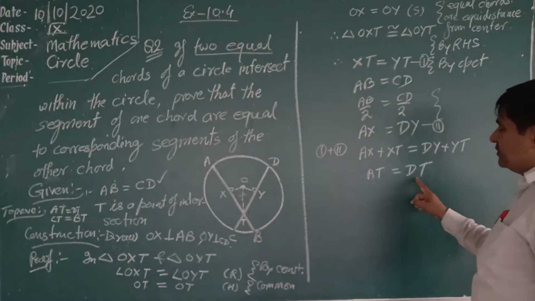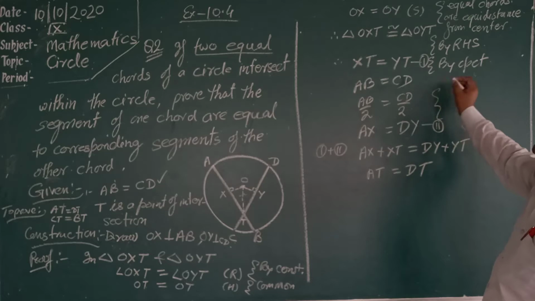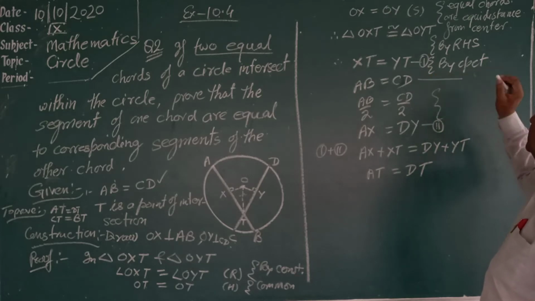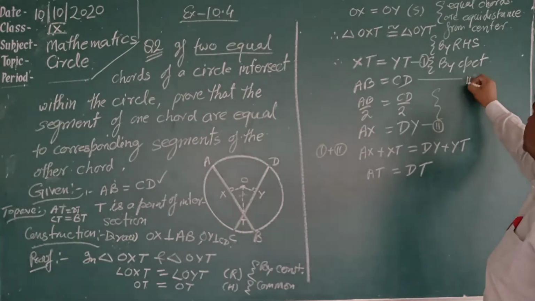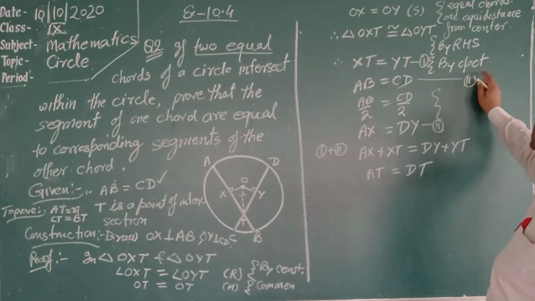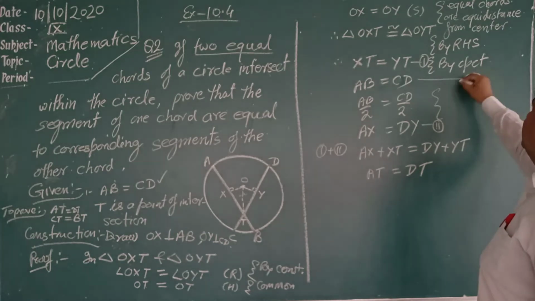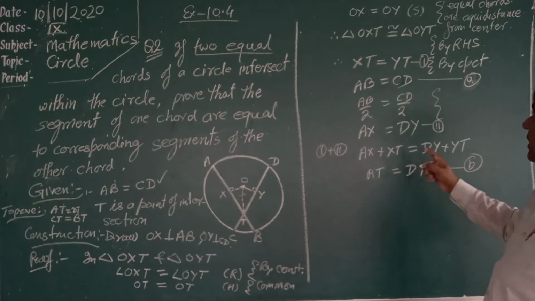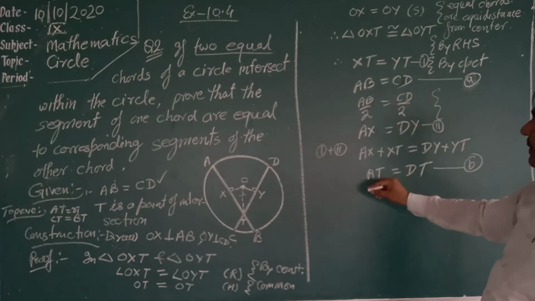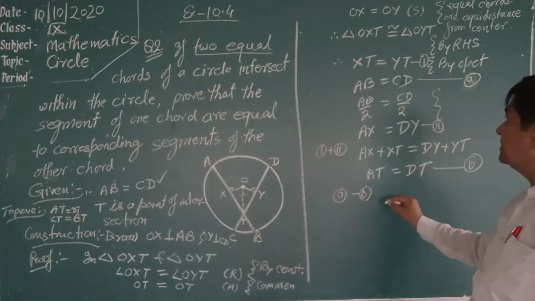So now AD is equal to DT. Now AB is equal to CD. Suppose this is the first equation and this is the second equation. From the AB chord equation we subtract the second equation.